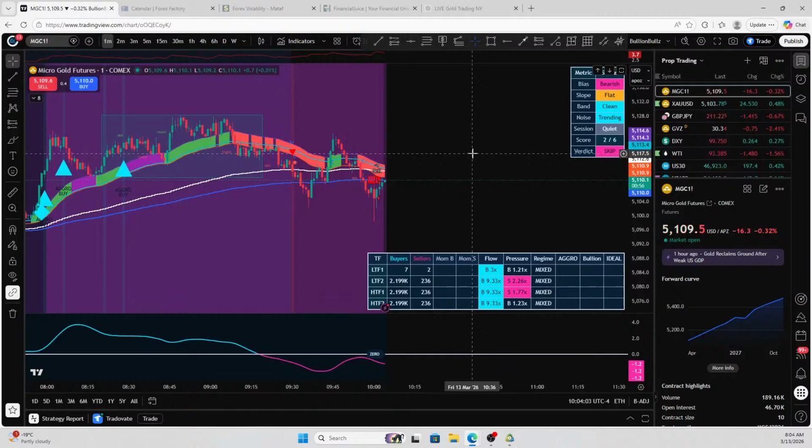And remember, we need volume to align, we need structure to align, and then we need to have our bias to align as well. So first of all, we need our bias, then we need our structure, and then we need our volume. All these three things work together for us to find high probability setups. Remember, why did we say high probability setups? Because within trading, nothing is guaranteed, right?